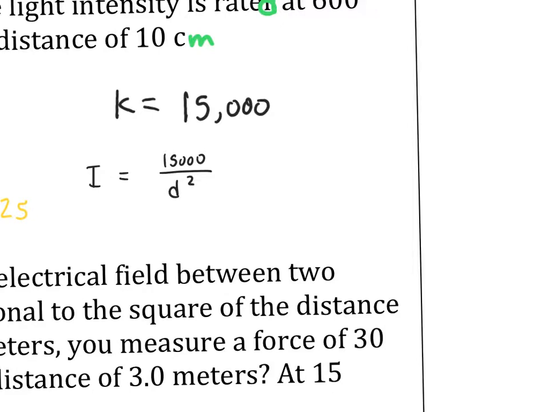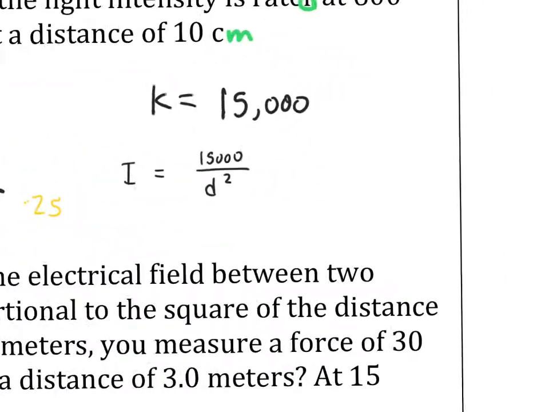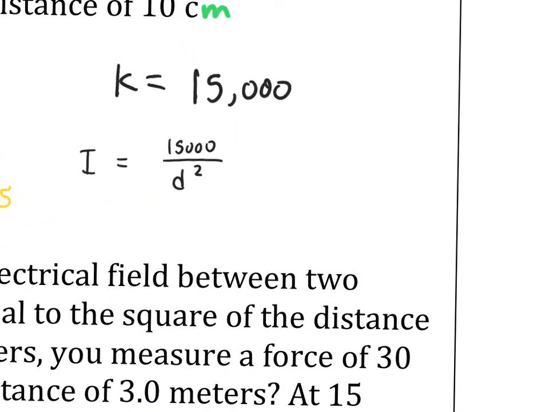Okay, so now we just have two things to solve for. Notice that we say, oh, look, we double the distance, so shouldn't we cut this one in half? And the answer is, well, only if it were directly proportional, but it's going to be significantly less. It's not just cutting 600 in half to be 300. It's going to drop by quite a bit. So let's go ahead and plug that in.